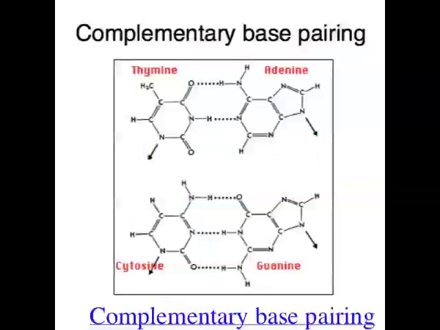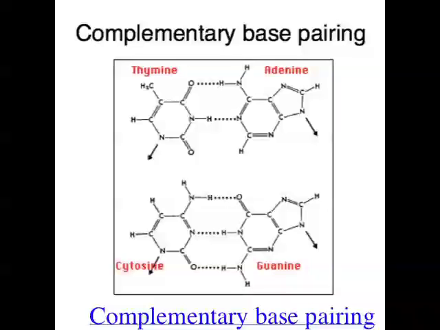Now getting back to those bases in the middle of the double helix, each base can only form a bond or join together with one of the other bases. So what happens is either an adenine-thymine pair forms and they're joined together by 2 hydrogen bonds, or a cytosine-guanine pair forms and they're joined together by 3 hydrogen bonds.